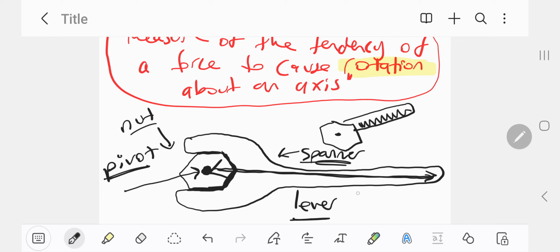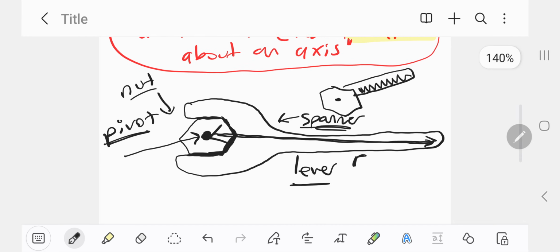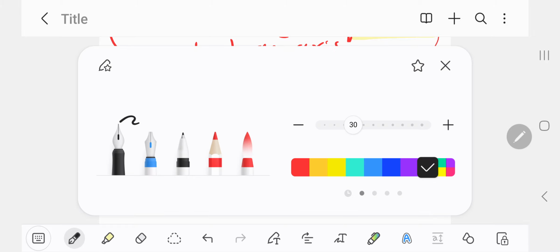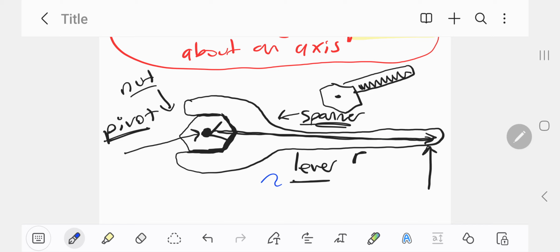Sometimes this length is called lowercase r for short. And let's suppose I apply a force with my hand at 90 degrees to the lever vector. A vector is something that has size and direction. Sometimes we write it as r with an arrow on top.